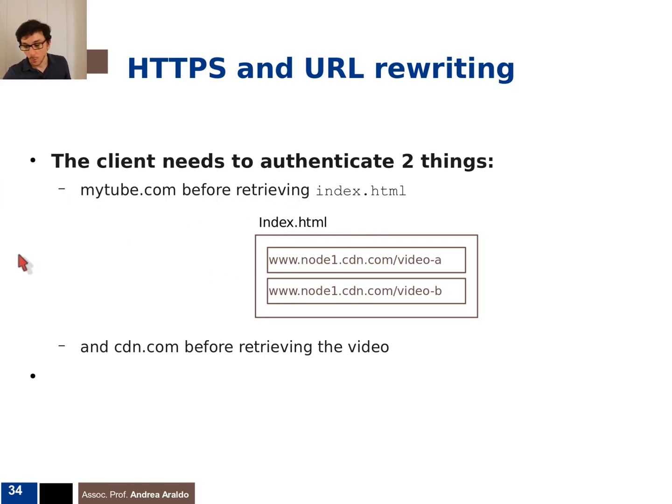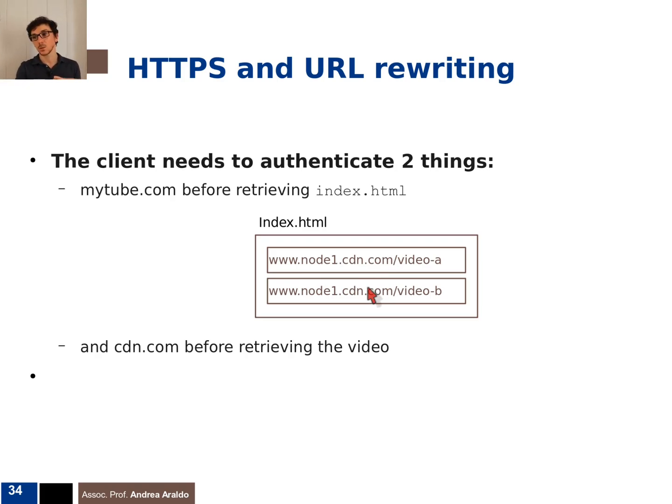It means that first the browser will authenticate MyTube, then the browser will request index.html, and then if the user clicks on one of the links, the browser will request the content node.cdn.com.